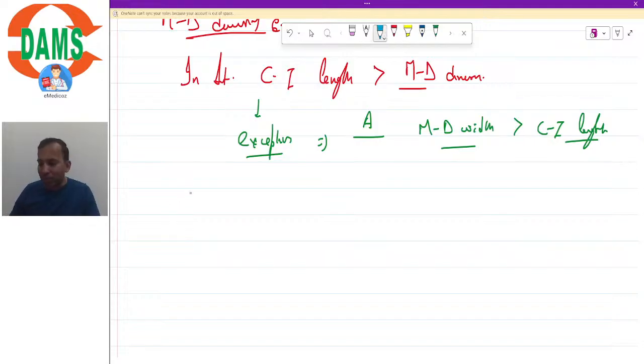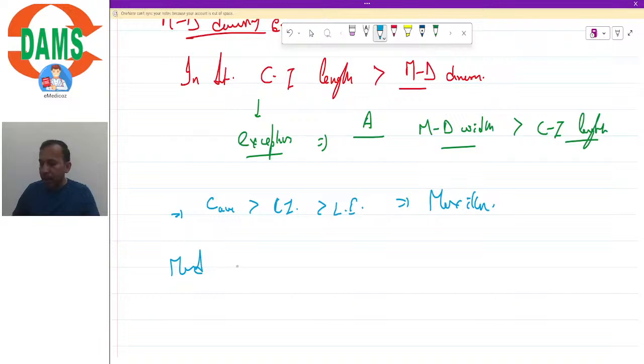Apart from this, which tooth will have the greatest mesodistal dimension? Obviously canine is the largest tooth. So canine, followed by central incisor, followed by lateral incisor in case of maxilla. In case of mandible, again it would be canine followed by lateral incisor followed by central incisor.